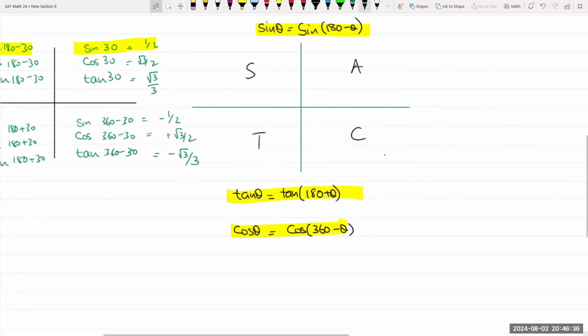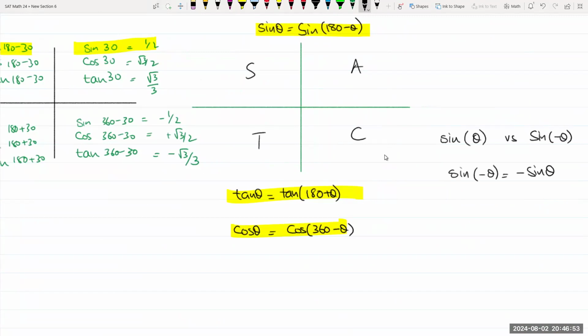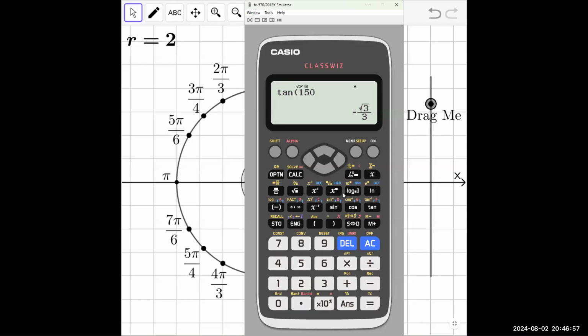And then sine of theta, the relationship with sine of minus theta. Sine of minus theta is the same as minus sine theta. What does that mean? Well, it means if I say sine of minus 30, sine 30 is half.